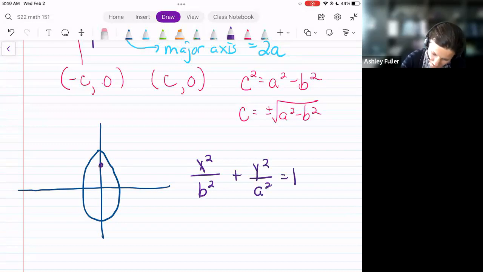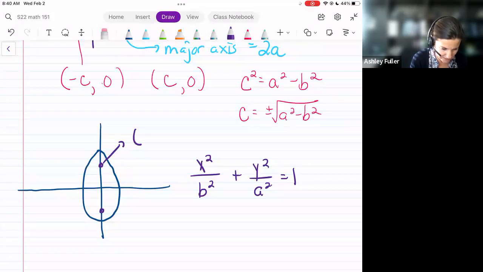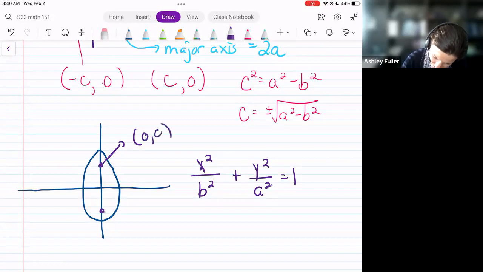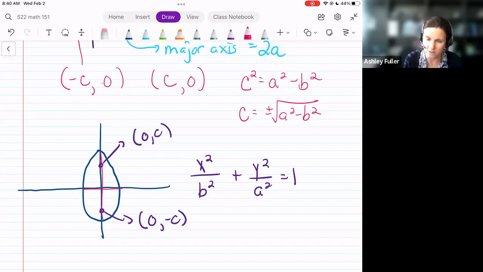Again, the same idea, except in this case, the foci, instead of being at (c, 0) and (-c, 0), are going to be at (0, c) and (0, -c). The relationships are still the same. This is going to be your 2a, and this is going to be your 2b in this case.